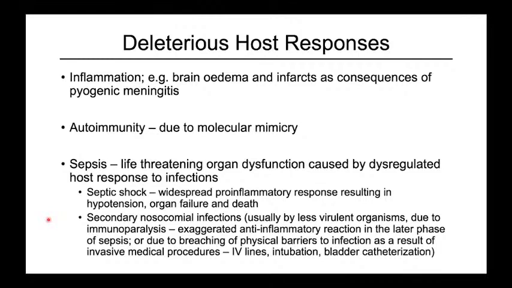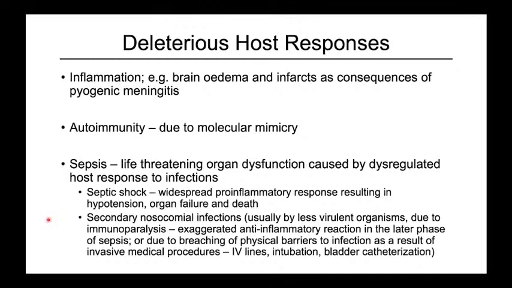We've seen that patients who develop severe COVID-19 actually develop sepsis. It's defined as a life-threatening organ dysfunction caused by dysregulated host response to infections. And this can also lead to septic shock, where one develops hypotension, multiple organ failure, and it can actually cause mortality.